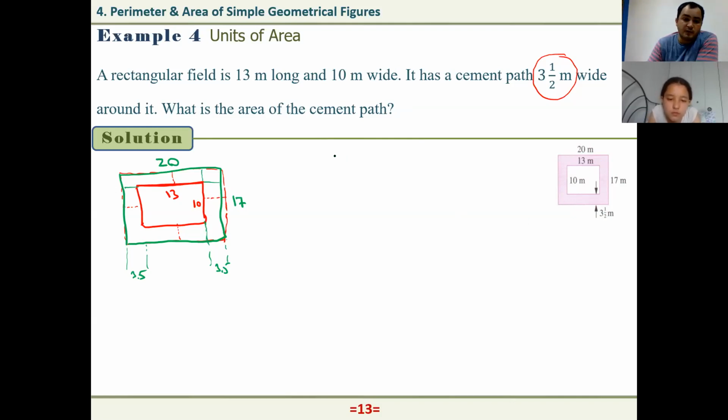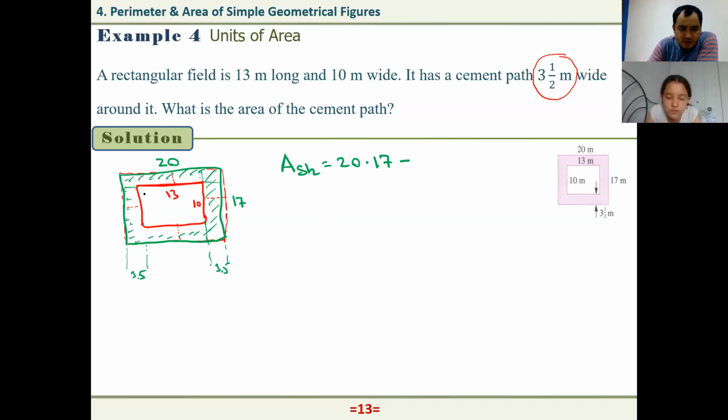So now we are talking about the shaded region, right? The shaded region is the cement path around this flower yard or garden. So the question is, what is the area of the cement path? Let's say the area of the cement path is the shaded region. How can I find this? From the big rectangle's area, that is 20 times 17, minus the empty part. If I remove this empty part, only the shaded region is left, right?